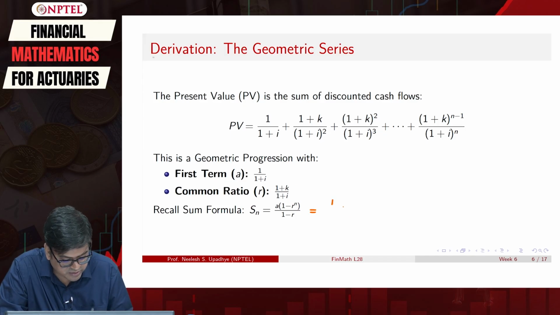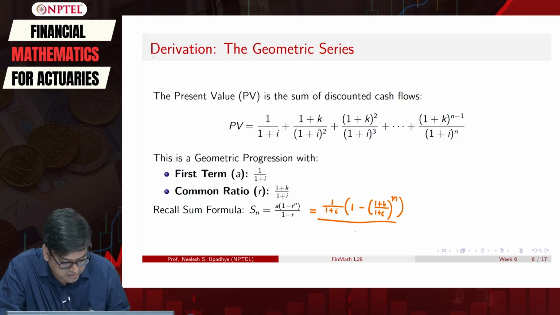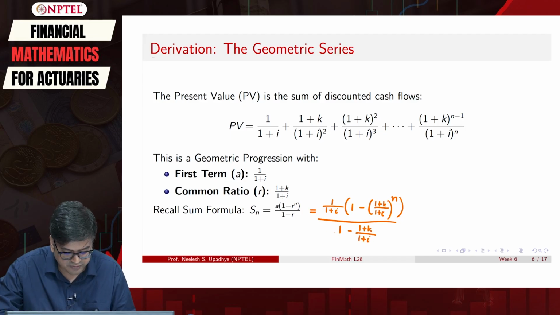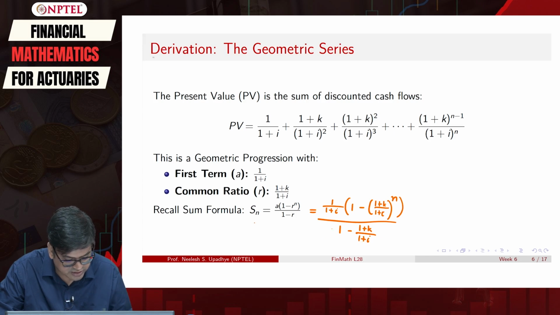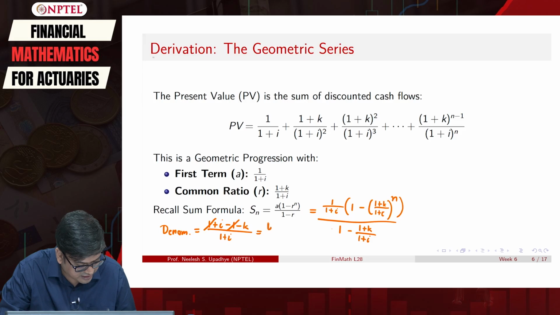I have A, which is 1 upon 1 plus I, into 1 minus R raised to n, which is essentially 1 plus k upon 1 plus I raised to n, upon 1 minus 1 plus k upon 1 plus I. If I take the denominator, this will be 1 plus I minus 1 minus k upon 1 plus I. So, the 1 will cancel off with this one, and I get I minus k upon 1 plus I. But this 1 plus I and this 1 plus I will mutually cancel themselves off.